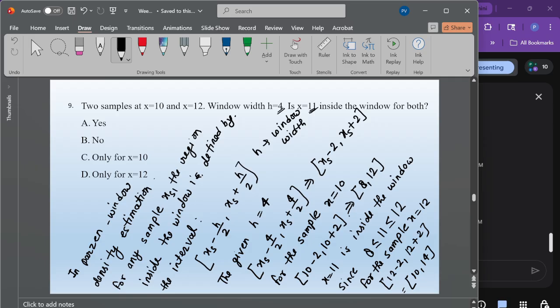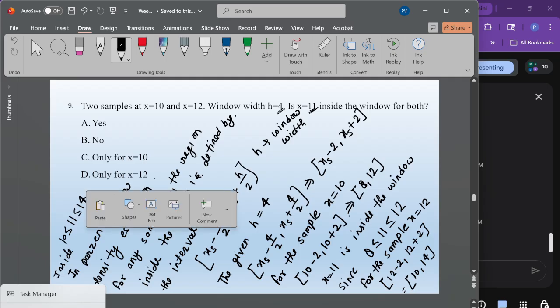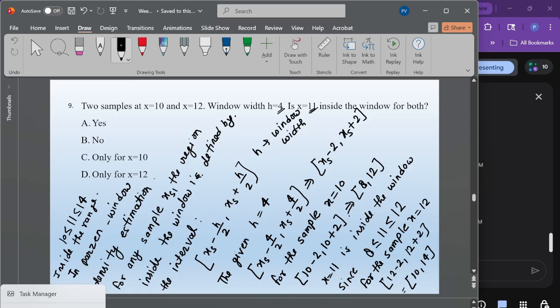Again, 11, the new point, is inside the range. So for the second window also it is inside the range, so the point x falls within both the samples.